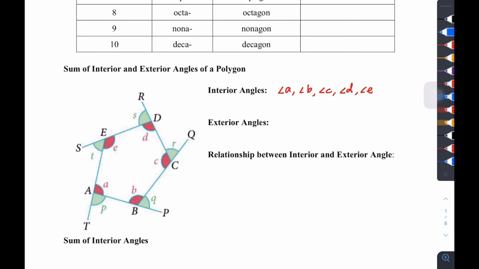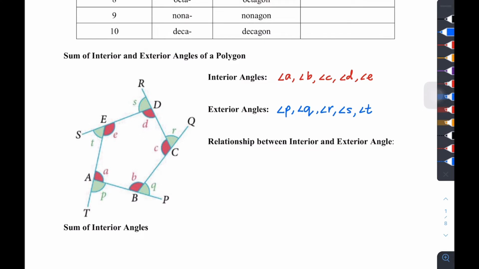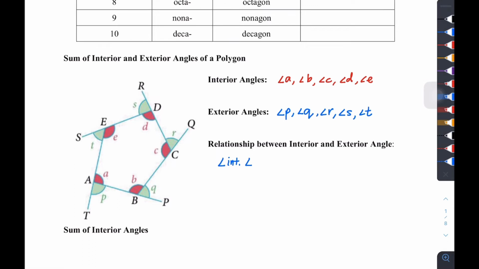So for exterior angles, we have angle P, angle Q, angle R, angle S and angle T. The main relationship between your interior and exterior angle is that a particular interior angle plus the particular exterior angle for the same junction will always be 180 degrees. What is the reason behind this? Because they are adjacent angles along a straight line.